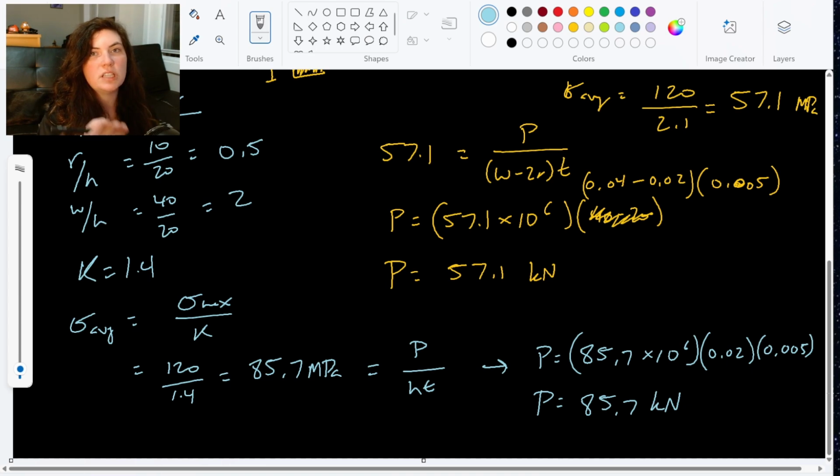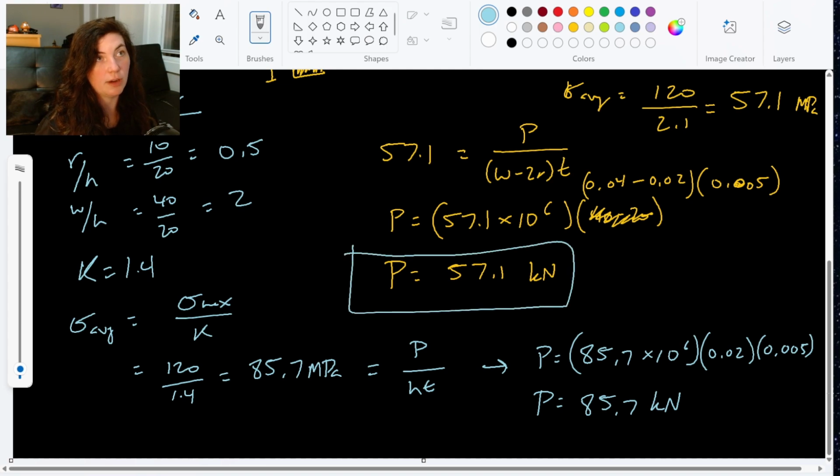So which one of these loads is our limiting factor? Which one of these is our maximum load? If you said this guy, that would be correct. Our lowest load would be our maximum, which sounds counterintuitive, but if we put this full 85 kilonewton load onto this, what it's telling us is that it's going to fail.